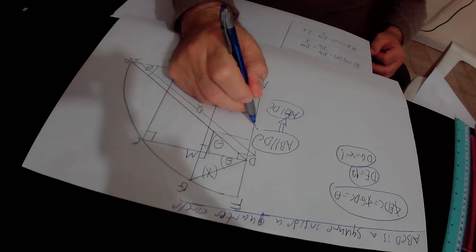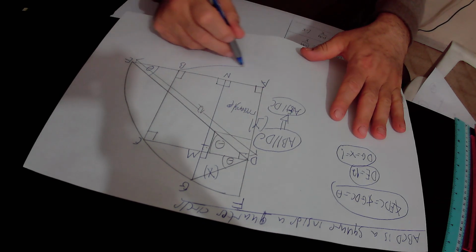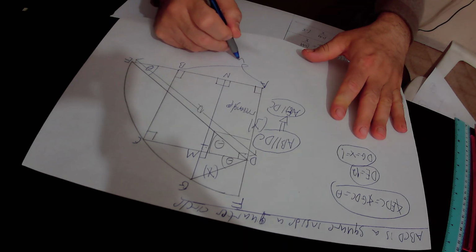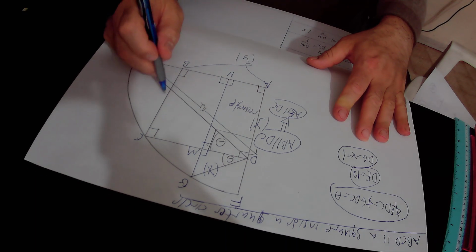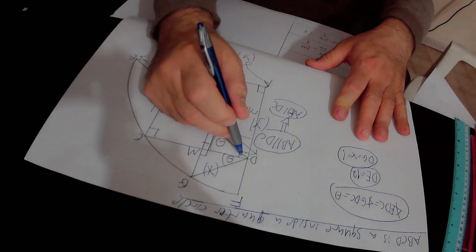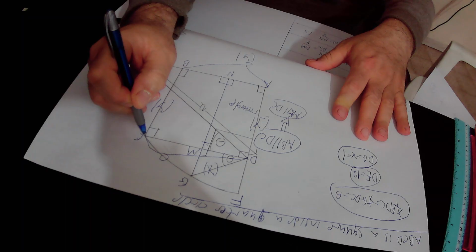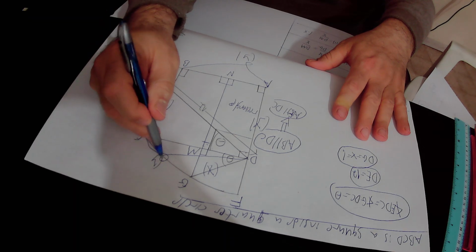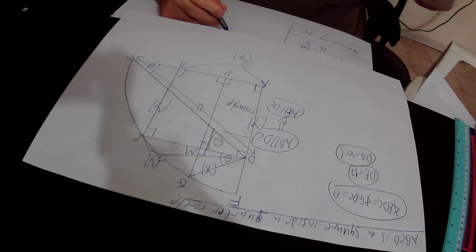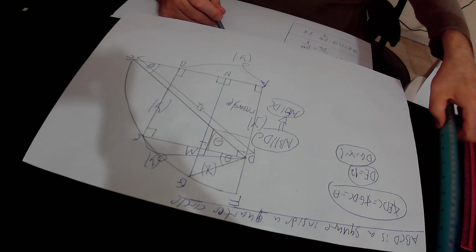So AD equals y, AB equals y, CB equals y, and finally DC also equals y. So now I'll copy the right triangle ADE in a new page and we'll analyze it.